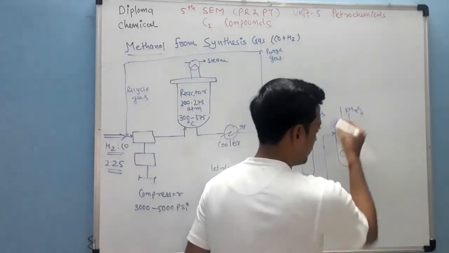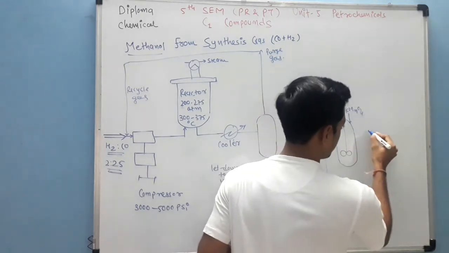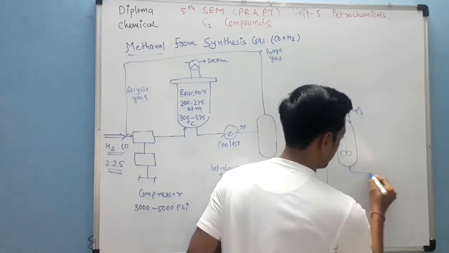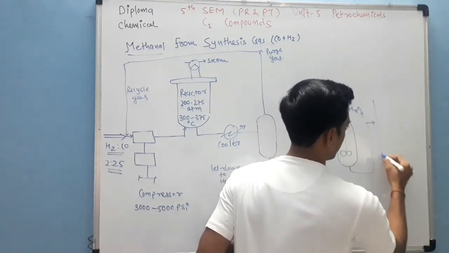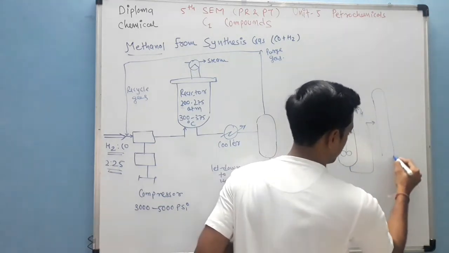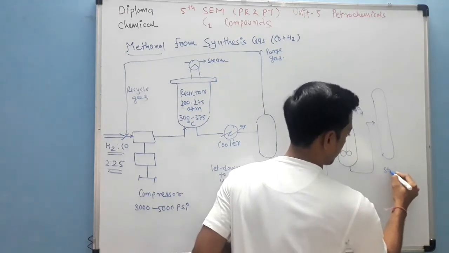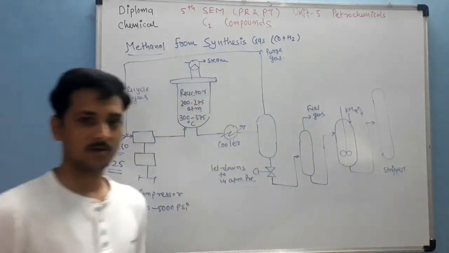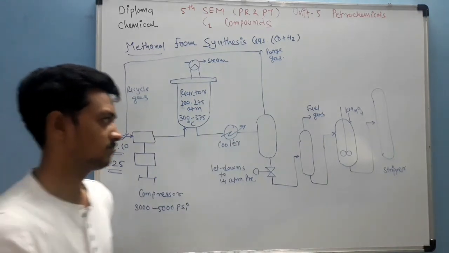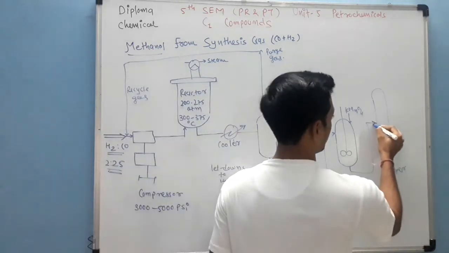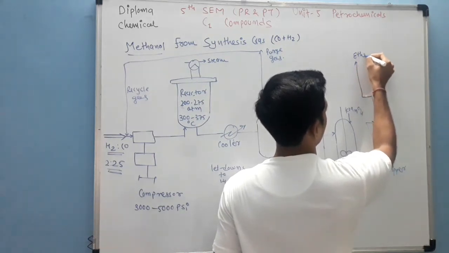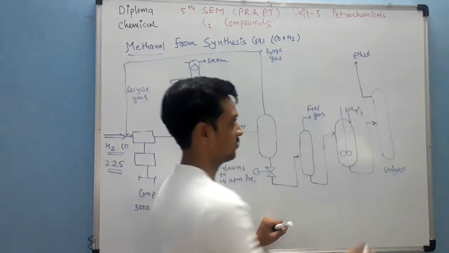So we can draw from here, this is a stripper. From the stripper, what do we remove here? Ether. Okay.